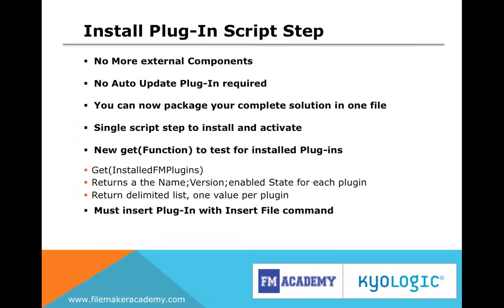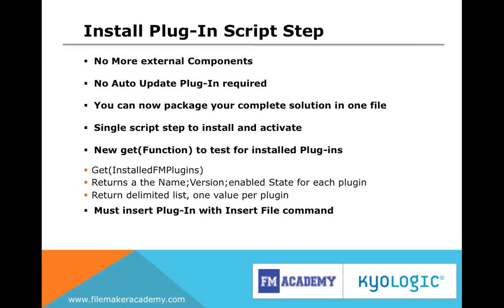The next and last thing I will speak about today, a great feature with container fields, is that they have added a new script step that will allow you to install a plugin directly from a container field. This means you can have a single script step install and activate a plugin in FileMaker Pro 12.